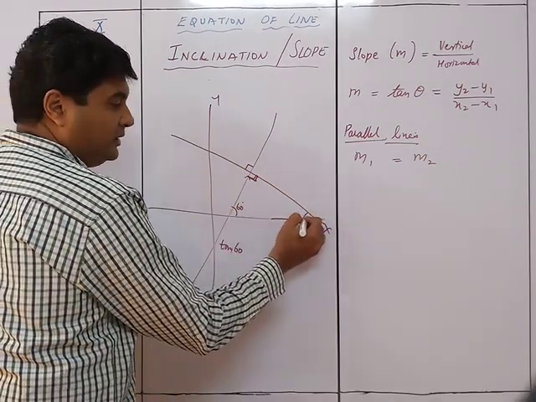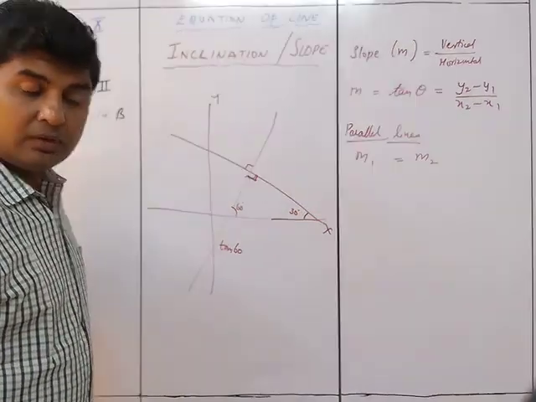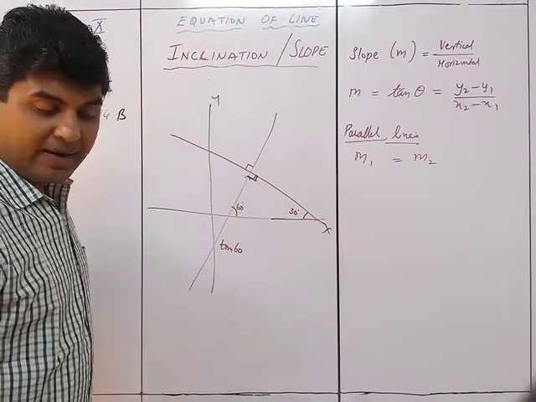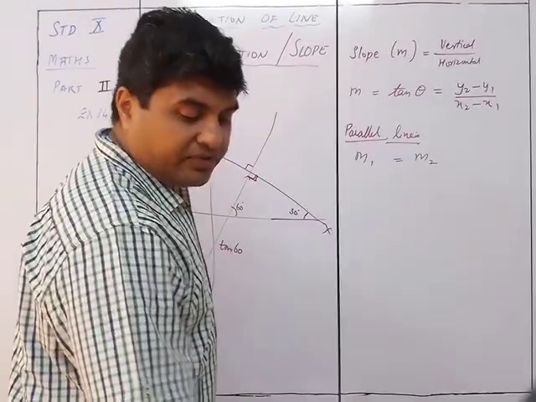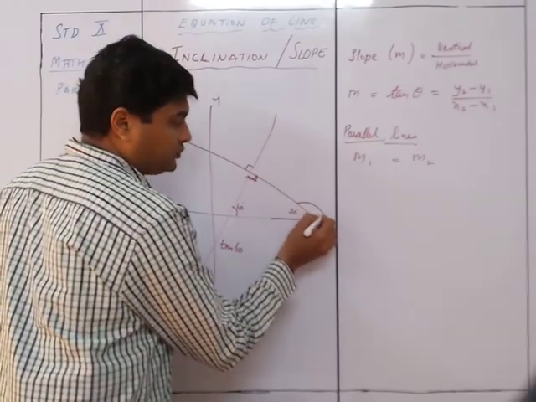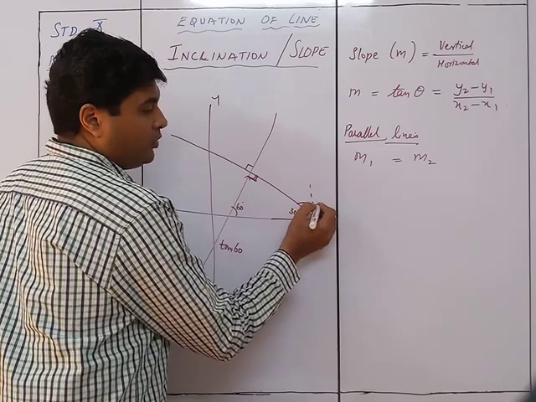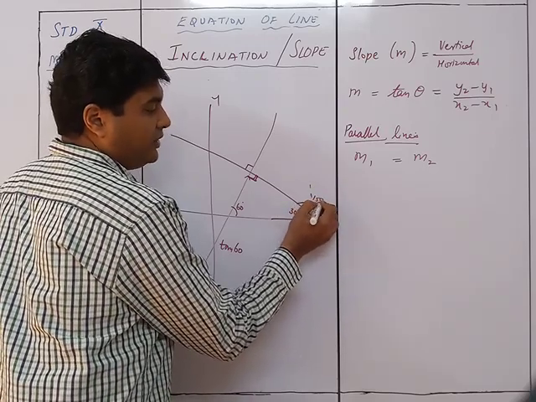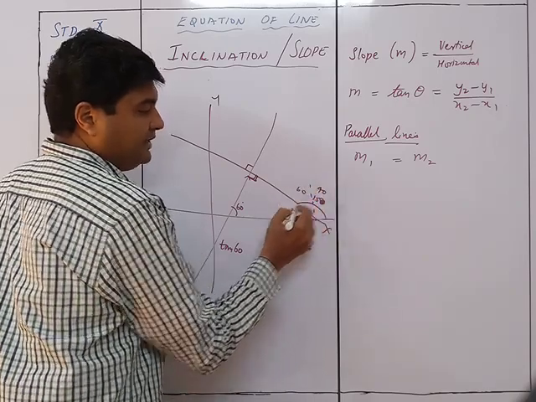So what is this angle? 30 degrees. Automatically this angle will become 30 degrees. So if this is 30 degrees, then automatically this particular part over here will be 150 degrees. And what is 150 degrees? 150 is nothing but 90 plus 60.